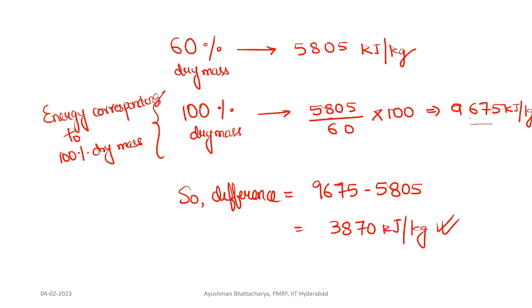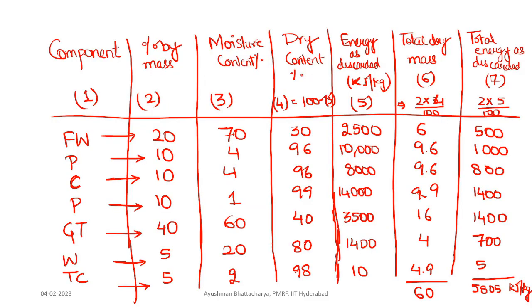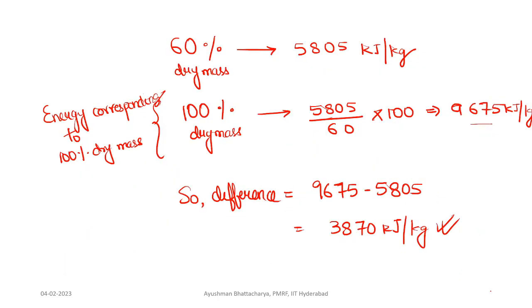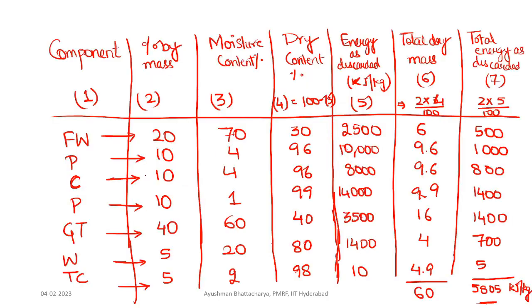So the difference between the dry basis and the discarded basis is 9675 minus 5805, which is 3870 kilojoule per kg. So the answer is 3870 kilojoule per kg. Okay, thank you.